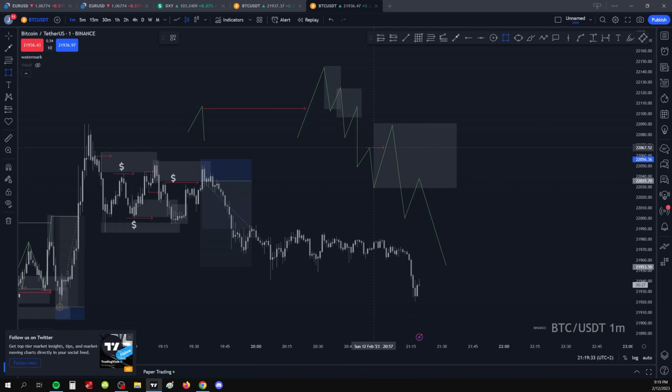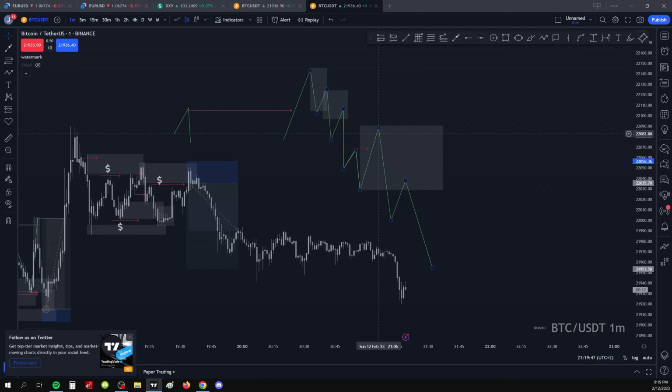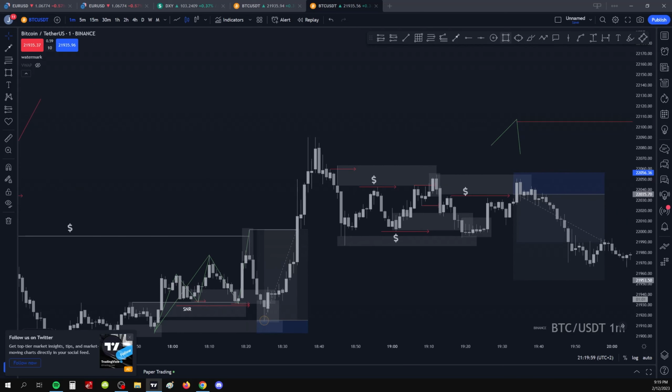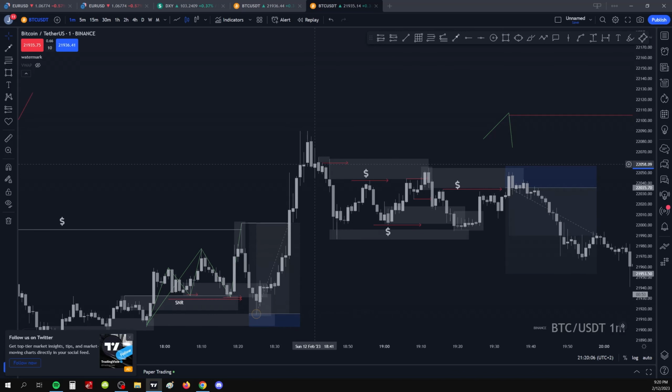So this, as you can see also, 1, 2, 3, what is the inducement? This is the inducement, and this candle took this high out and it mitigated this candle fully. Okay, so here, what did this mitigate? It mitigated this wick.